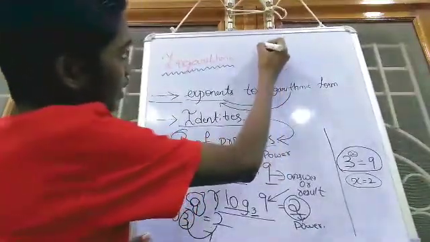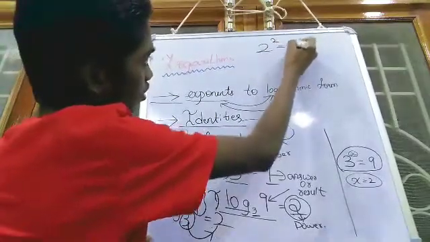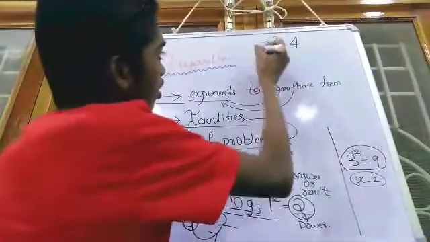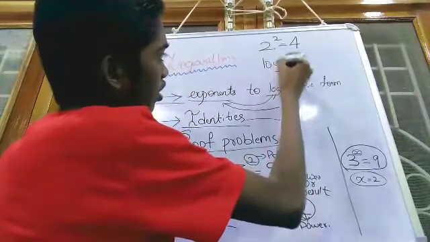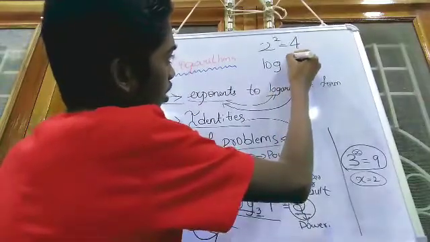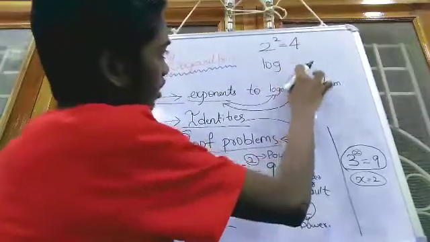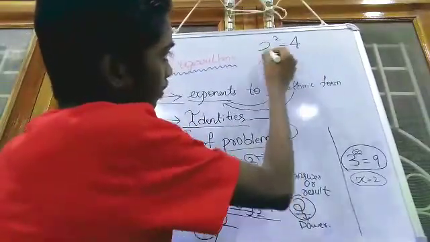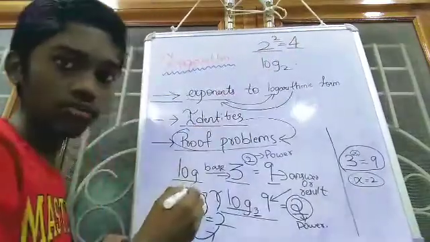So let us take another example, 2 square. 2 square we know is equal to 4. So express it in logarithmic form. First write the log as it is. Then log to the base 2. Here we know that this is base 2, this is power 2, and this is result 4.